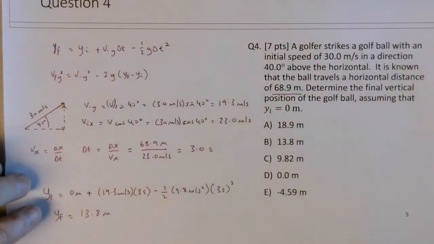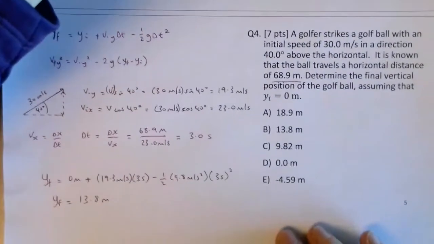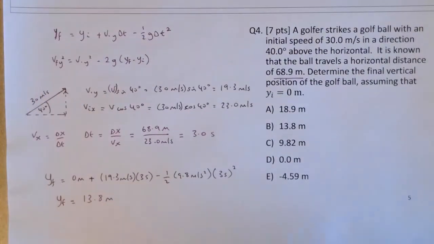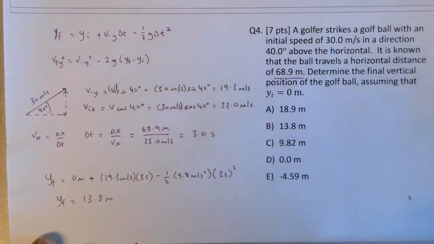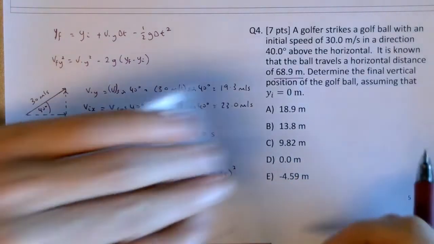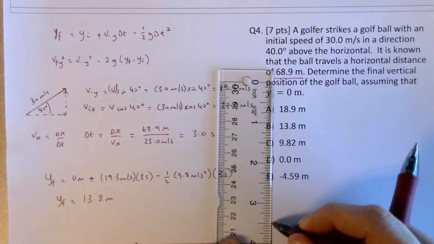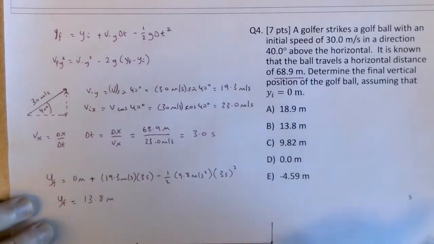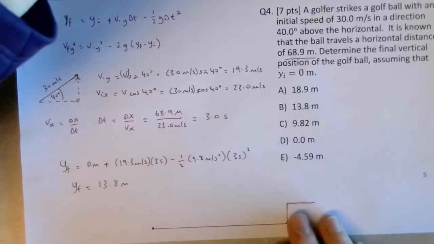So this will give you maybe a quick sense of what's happening. Maybe we're trying to draw a picture. The ball travels quite a ways horizontally, almost 70 meters, and then finishes about 14 meters in y. So it's some sort of elevated green or something that's part of the golf course.